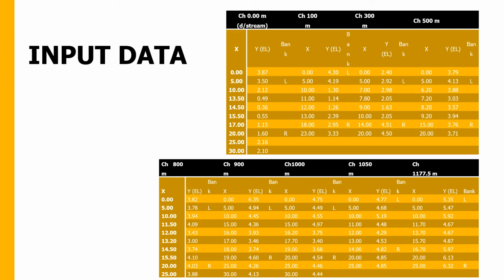The geometry data included 9 cross-section data along the channel, which were channel 0 meter, 100 meter, 300 meter, 500 meter, 800 meter, 900 meter, 1000 meter, 1050 meter, and 1177.5 meter respectively. The left and right bank of the cross-section were also entered based on the tables.